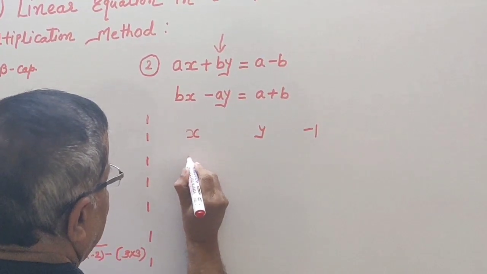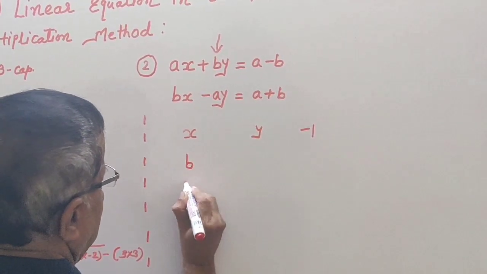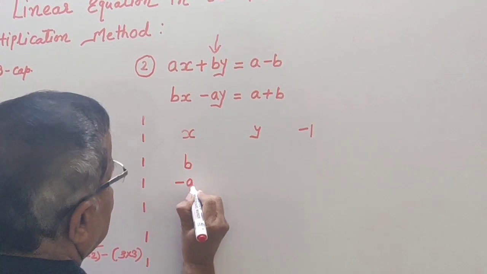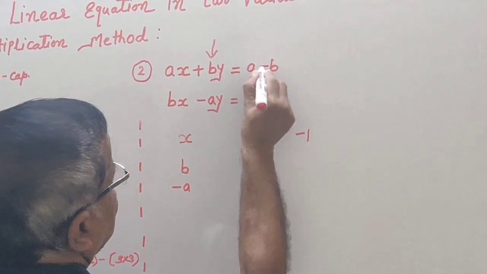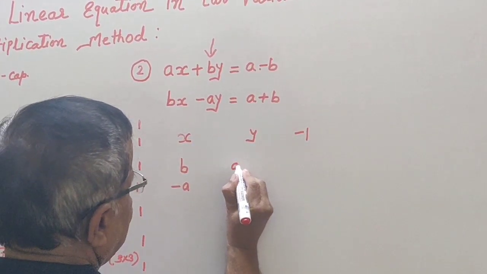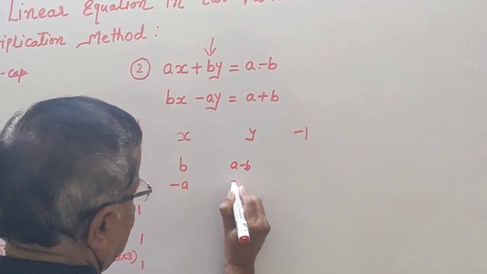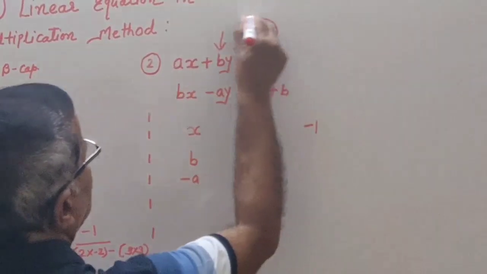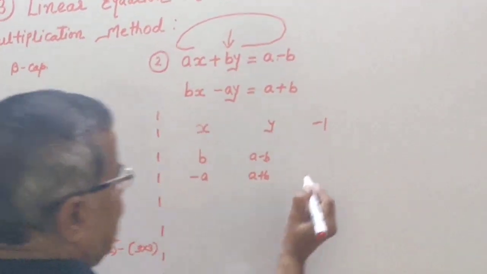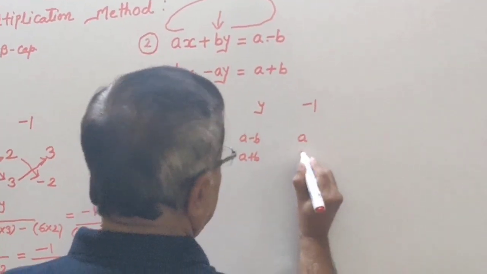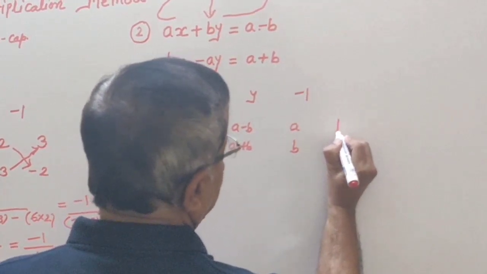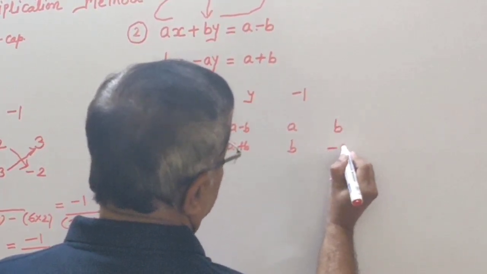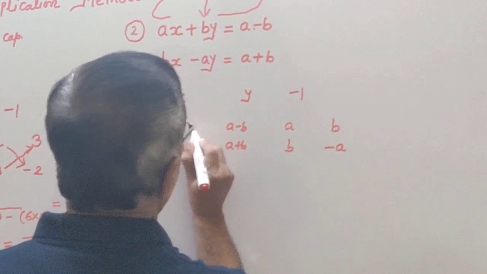So I will write down this as b, minus a will come here. Then I will go to this term, meaning a minus b, a plus b. Now I will go to this one, meaning a, b and minus a.